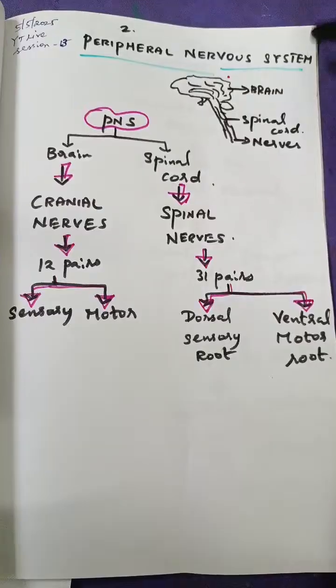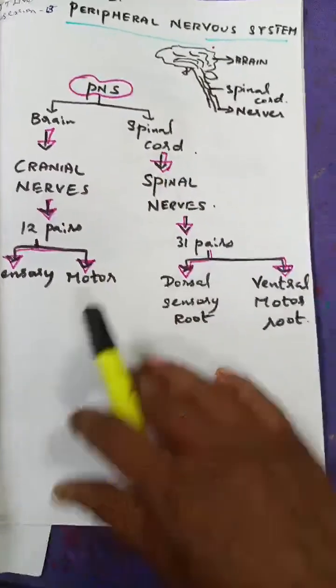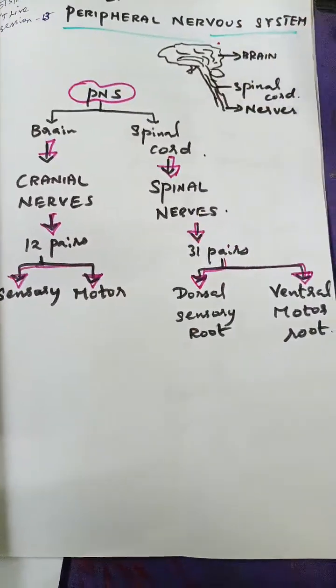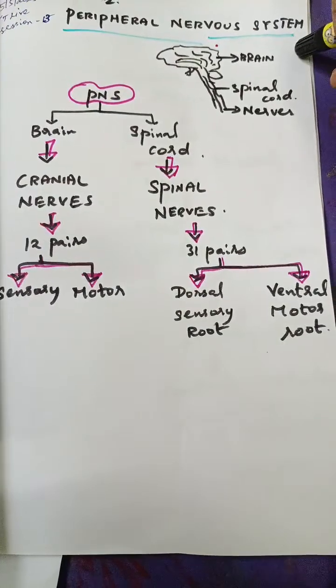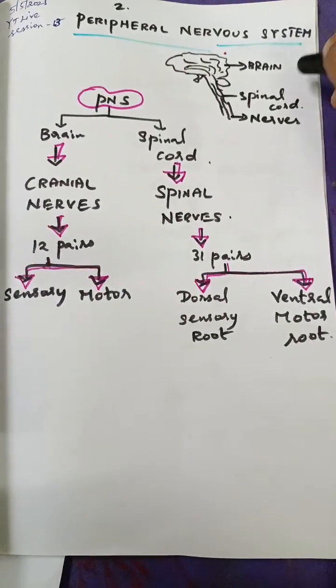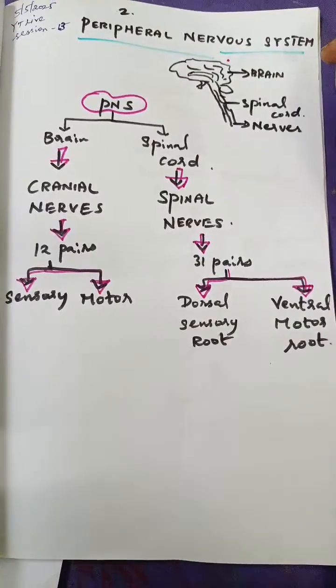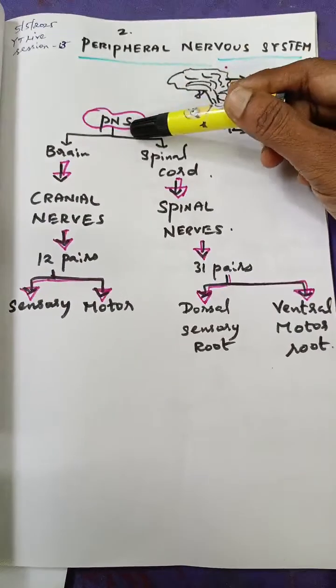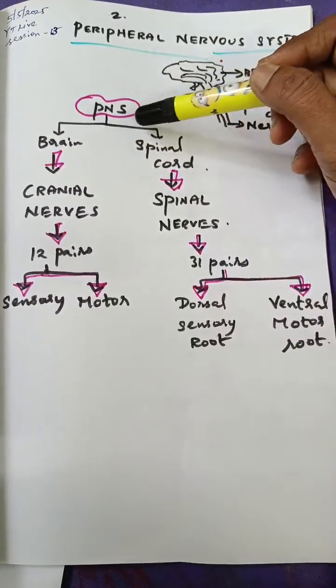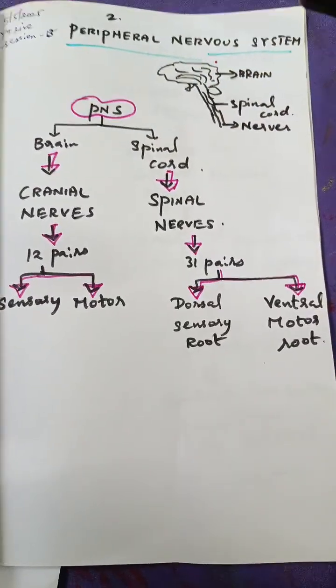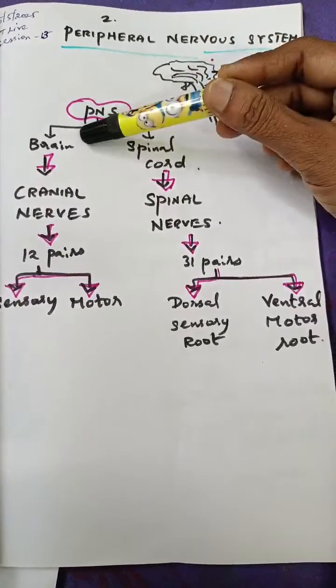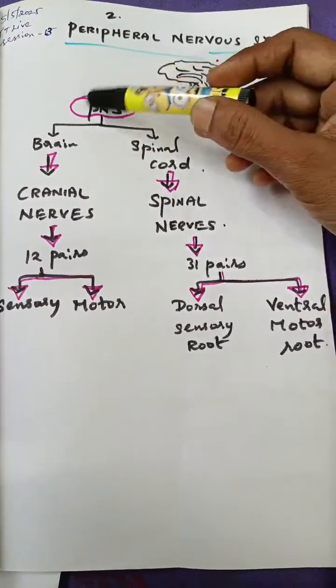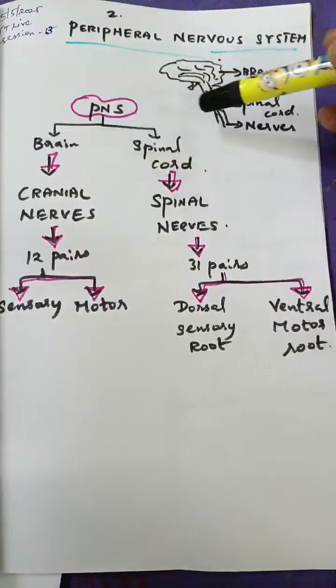Today's session we are going to study the peripheral nervous system. So what is PNS? It is the peripheral nervous system. It consists of the nerves from the brain and the spinal cord.